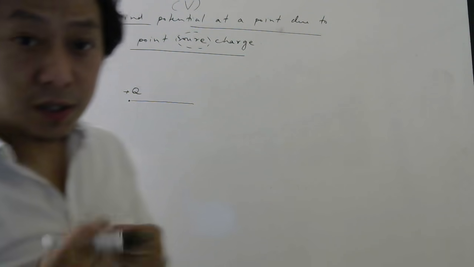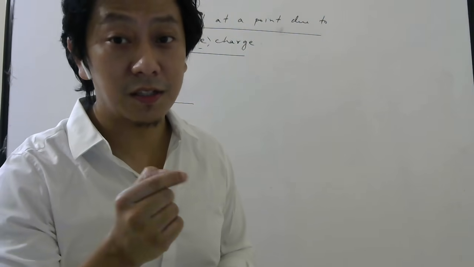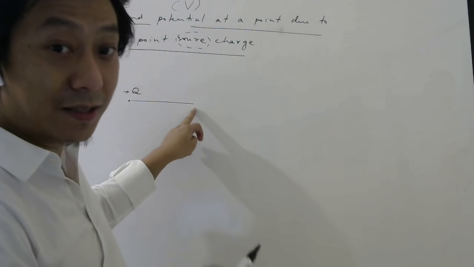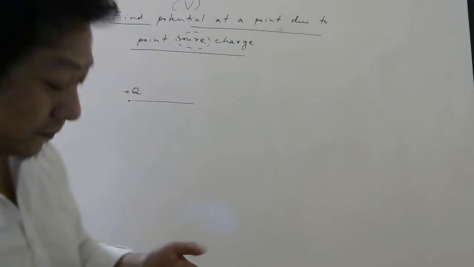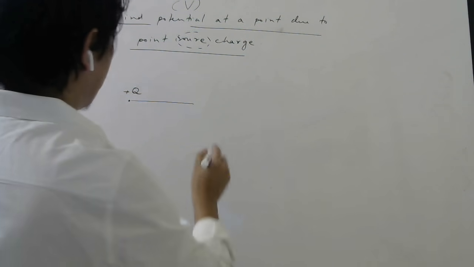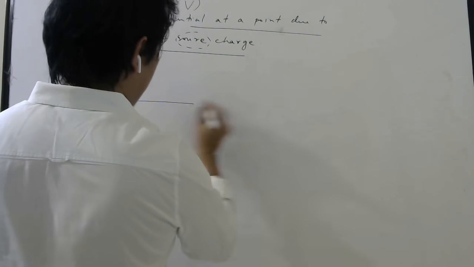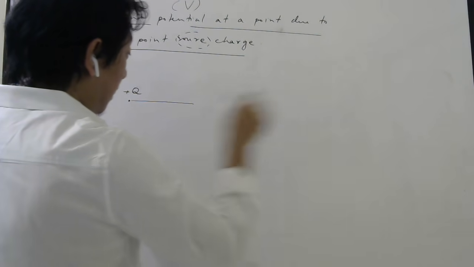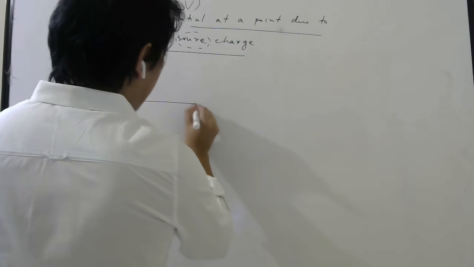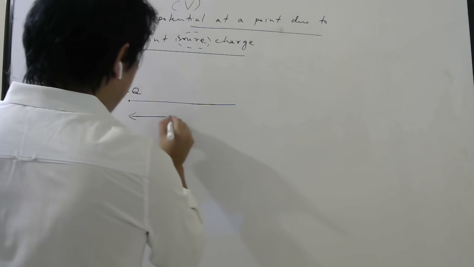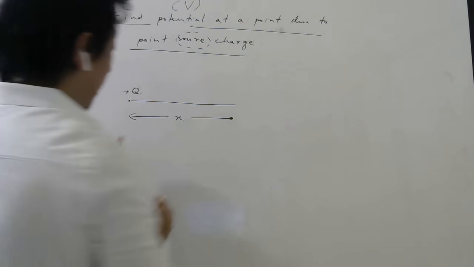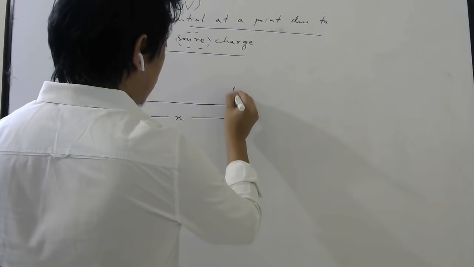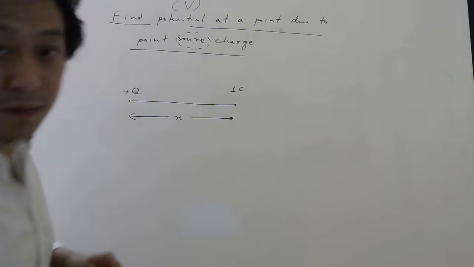It is the work done to bring unit charge from infinity to that point, against the field of this source charge. So let us say I have unit charge, and as I am coming from infinity to this point, right now I am at some distance x. So x is my variable, and here is my unit charge, 1 coulomb charge.